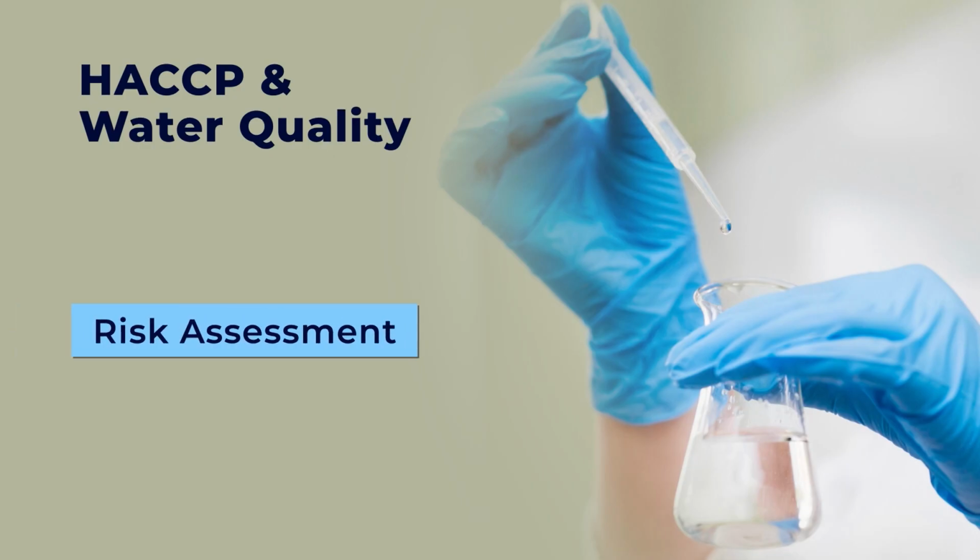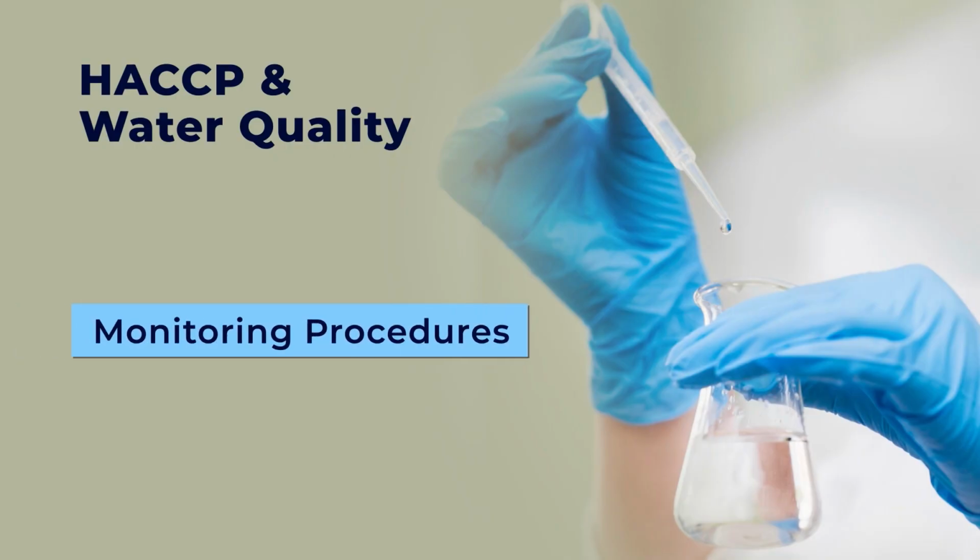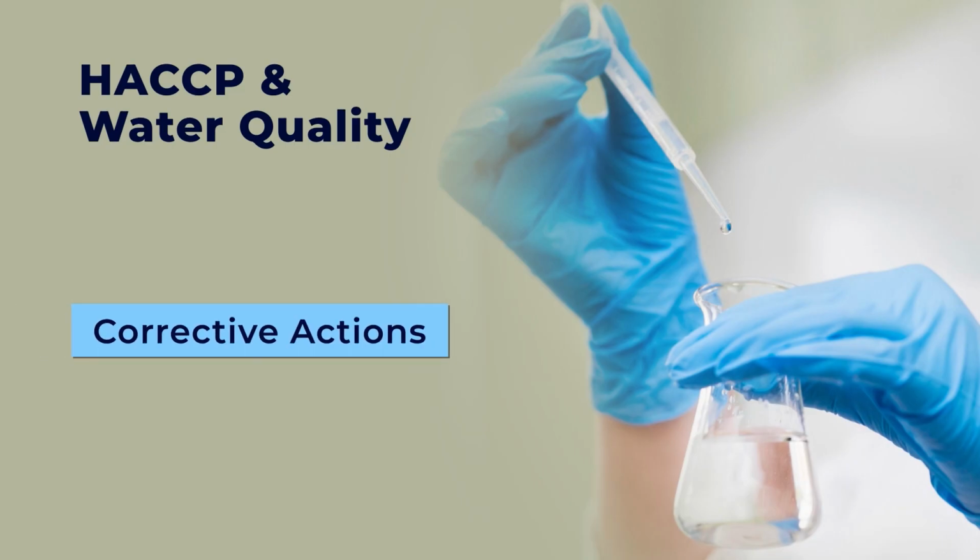When we say critical control point, monitoring will be there. We can also do a risk assessment of what the potential hazards related to water quality are and how we can prevent them. Then we keep monitoring procedures, regular testing of water quality, and we can take corrective action, and record keeping should be undertaken properly under HACCP.